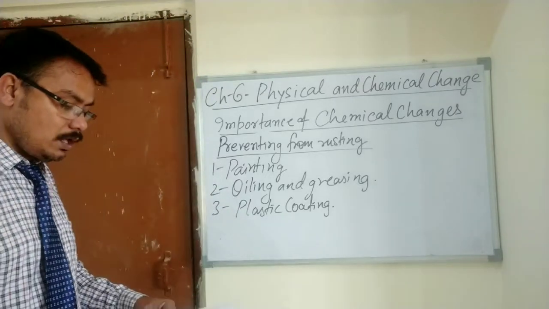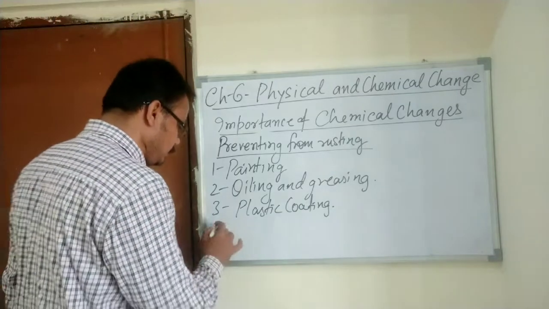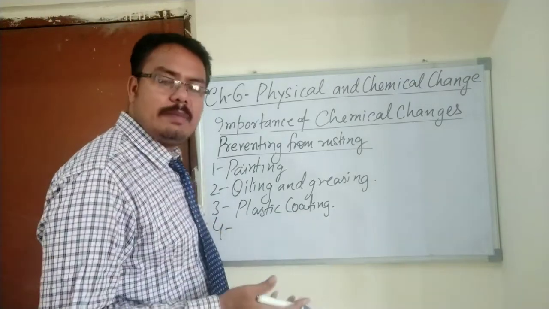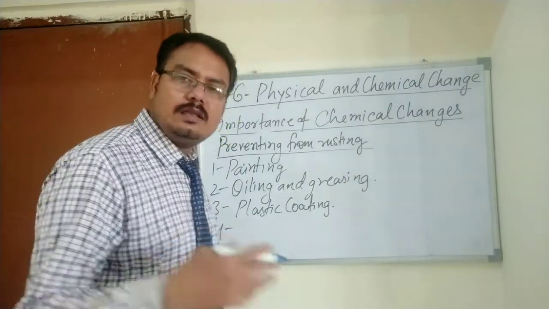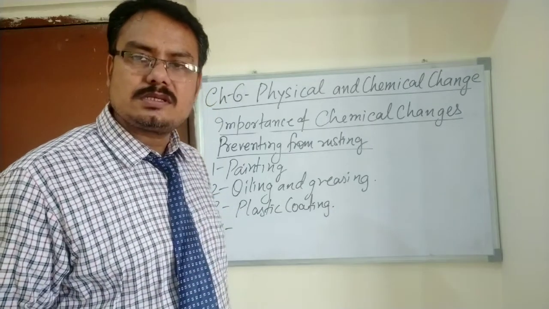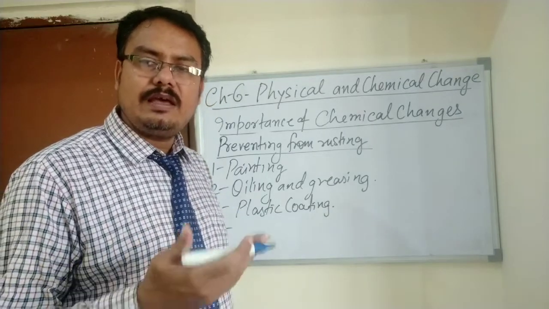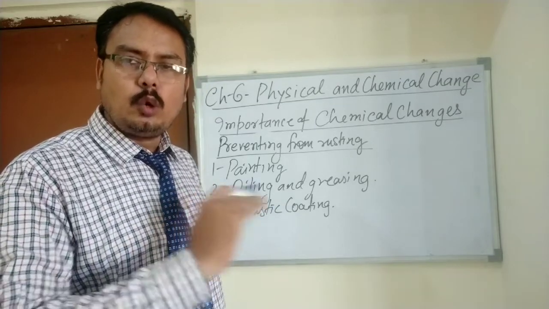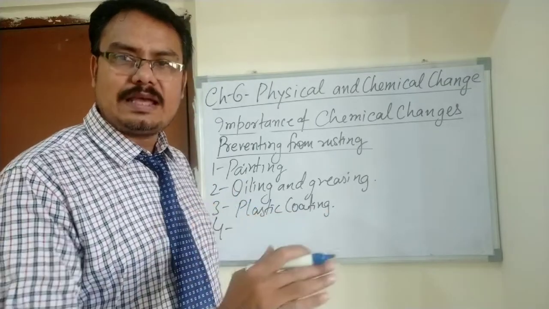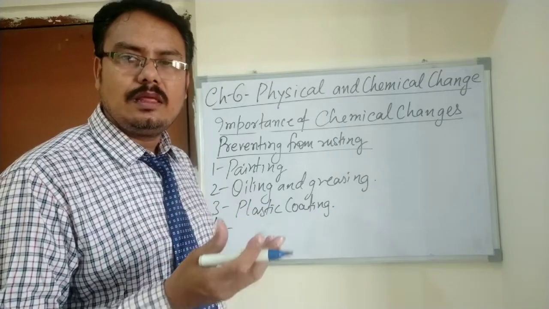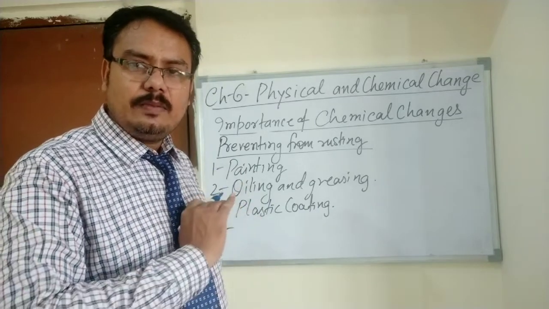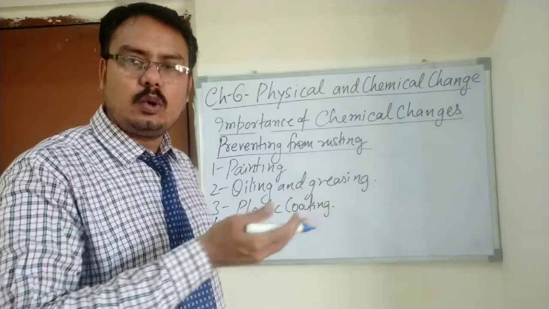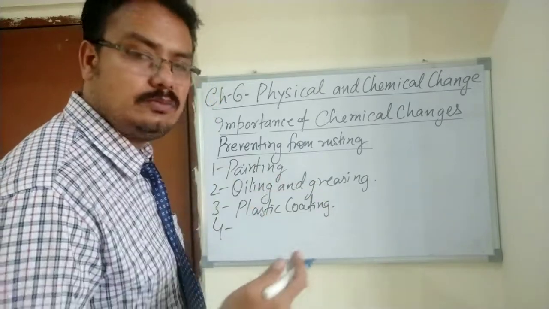Next student, chromium plating. This is not a common man's work. It is done in big industries and factories where the iron object is plated. Chromium or nickel is applied by the method of galvanizing. An extra metal layer is coated surrounding that iron object.